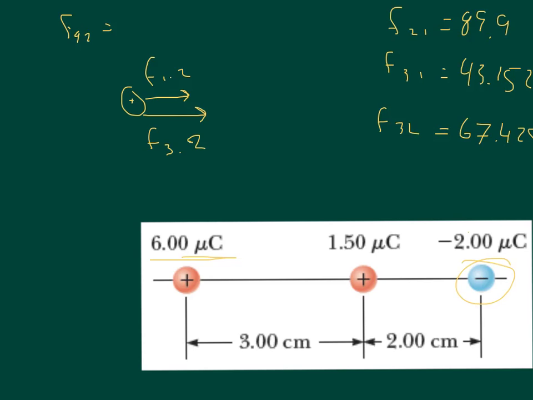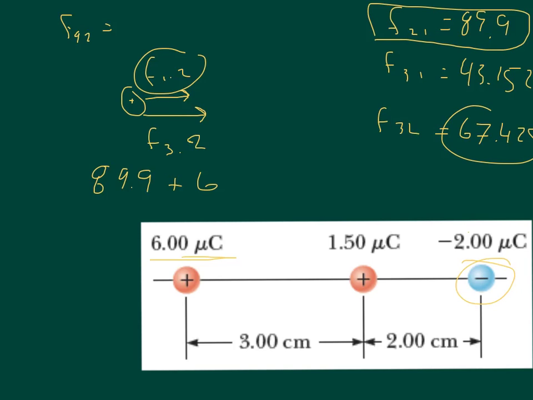And so then we say, well, what is F of 1, 2? F of 1, 2 is equal and opposite to F of 2, 1. So we have 89.9 plus 67.425. And so the total force on charge 2 should be 157.325, and that would be in newtons.